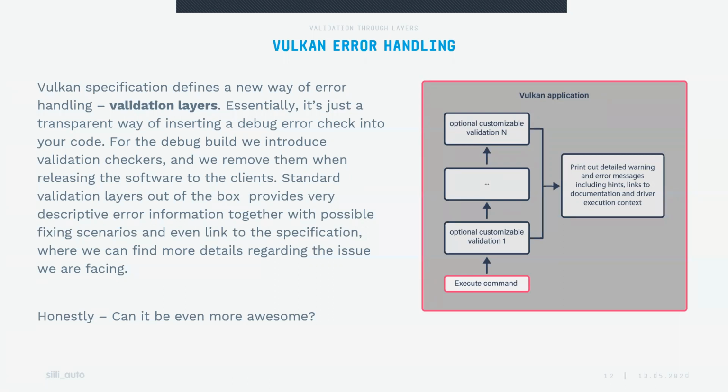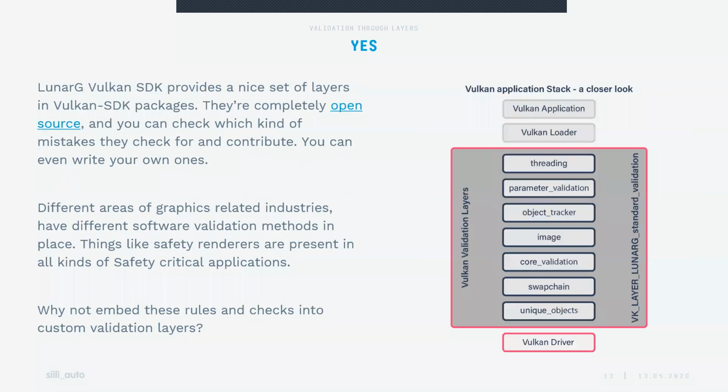And also, if it's still not enough for you, you can create your own validation layers. As I said, validation layers you're getting out of the box with the Vulkan SDK are open source, so you can always find some information there on how to write your own ones.